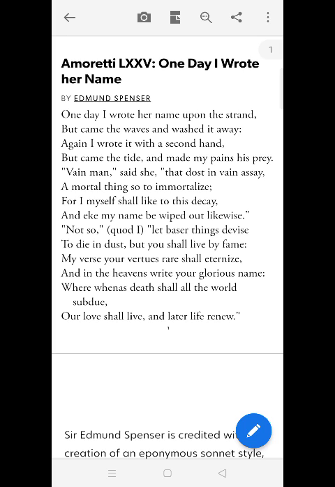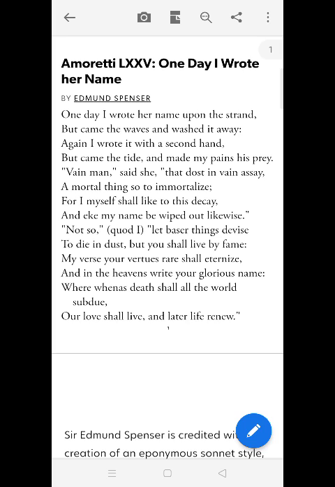He says that he does know that everything has to die, everything has to vanish, everything has an end, but the virtues of his beloved will remain forever, and her virtues and her name will live in eternized form in the eternal. So, "and in the heavens write your glorious name."